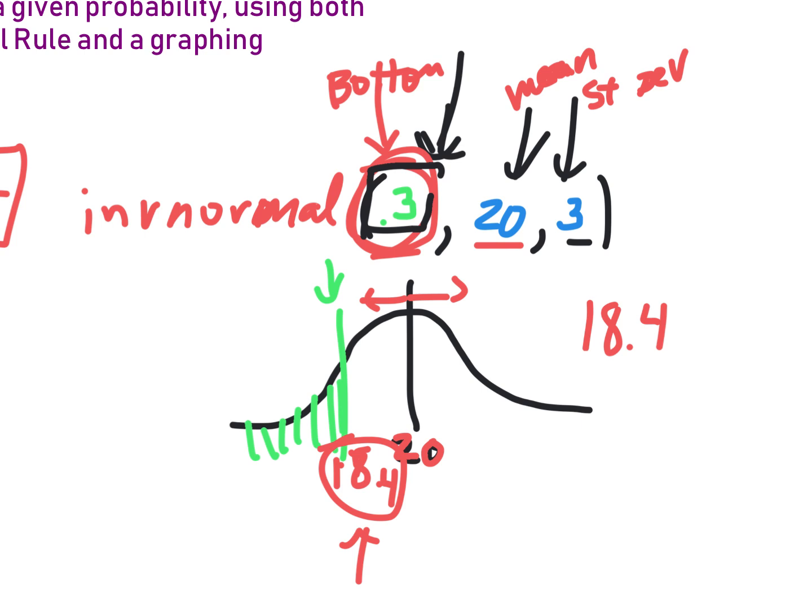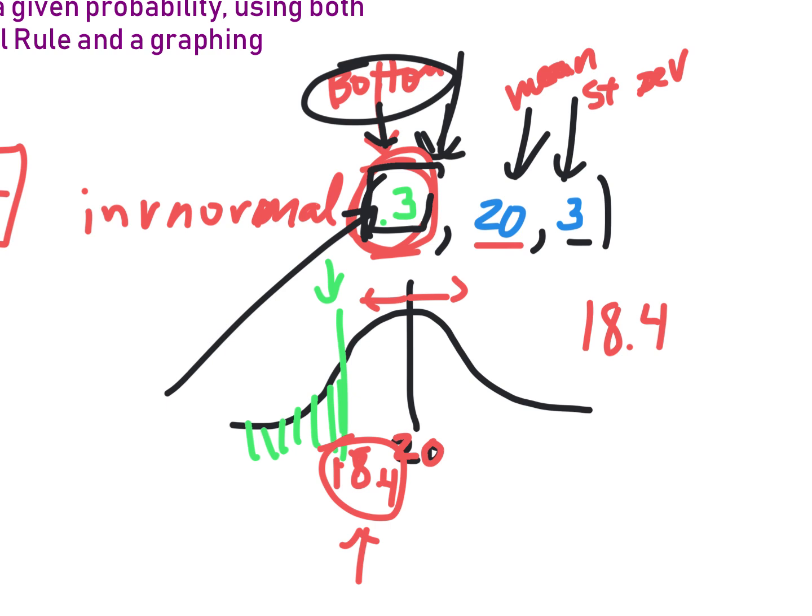I get how that's confusing. It confused me enough that I needed to go to another teacher to make sure I was doing it right. But if you type in the number that you have exactly, what you're getting is below that number. The bottom 30%, that you can type in directly.